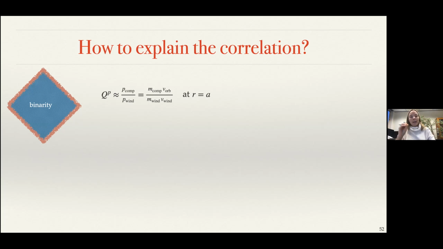I show you here some analytical approximation just to give you a little bit of a feeling of how it really works. We have defined a unitless parameter, which we have called Q, and it's a fraction of P comp over P wind, where P wind is the radial momentum of the wind material the companion encounters in one orbit, and P comp is the tangential momentum of the companion.